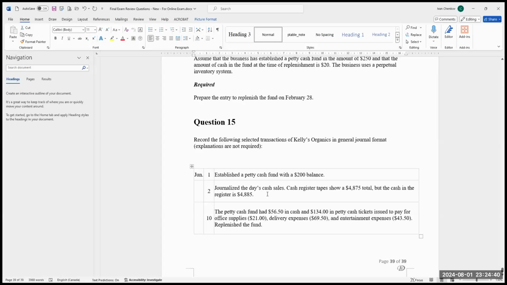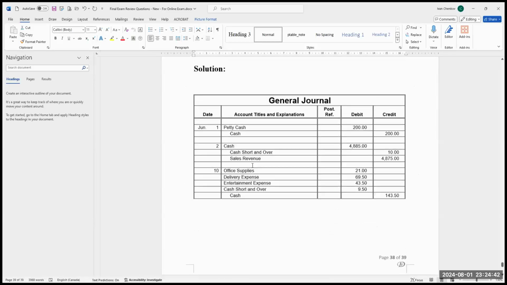So when you have more cash, you have to use the account called cash short and over. You record the cash that you have, record the sales on the cash register tape, and the difference goes to cash short and over.